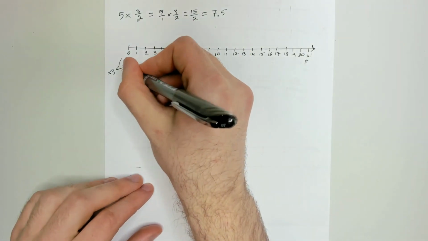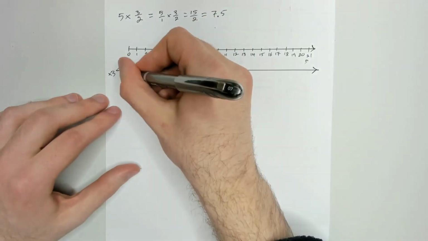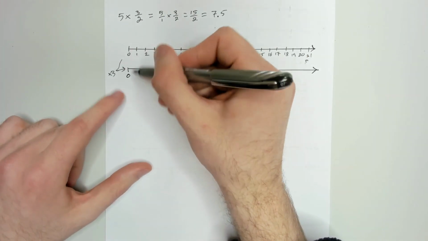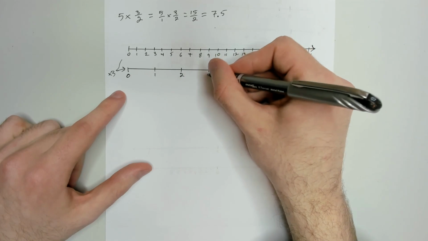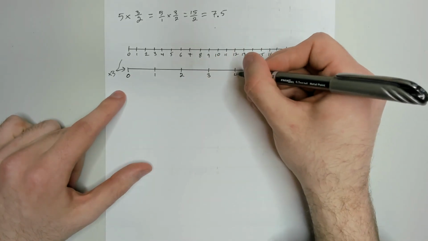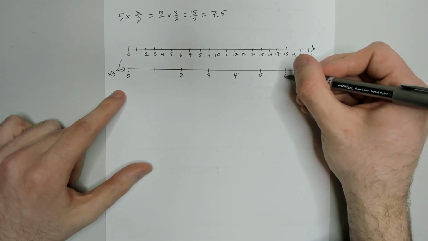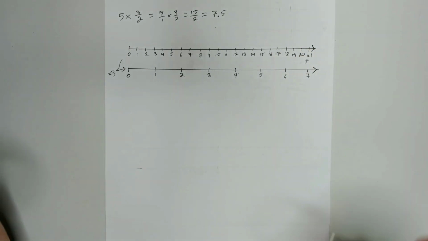Well, that means we're stretching everything out to be 3 times as large. So 0 is fixed, but then 1 lines up with 3, right? Because the distance between 0 and 1 has now tripled. 2 lines up with 6, 3 lines up with 9, 4 lines up with 12, 5 lines up with 15, 6 lines up with 18, and 7 lines up with 21, right? Everything is going to line up with itself times 3 when we do this stretching.